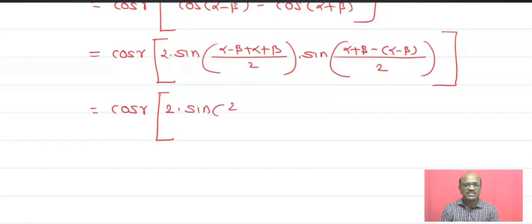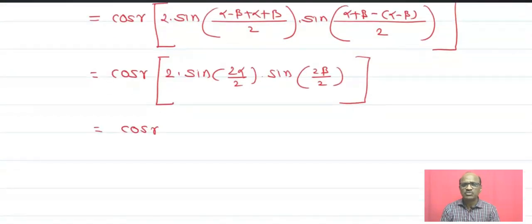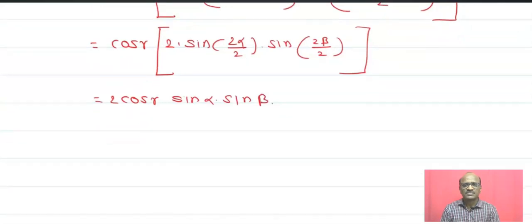Therefore, you will get sine of 2 alpha upon 2, that is sine alpha, and the next, sine of 2 beta upon 2, that is sine beta. Therefore, you will get cos gamma, and the answer is 2 sine alpha sine beta into cos of gamma.